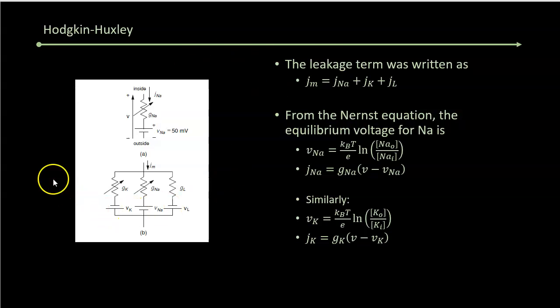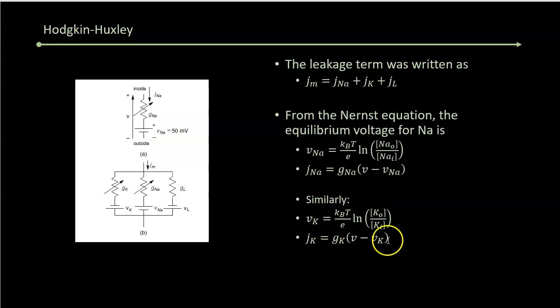So if you look at this leakage term, the current going through the membrane from outside to inside, they now wrote it out as a sodium piece, a potassium piece, and a miscellaneous piece. We know from the Nernst equation what our equilibrium voltages should be. So the current is going to be the conductivity per square meter times the difference of the voltage from equilibrium, where equilibrium is defined by the Nernst equation.